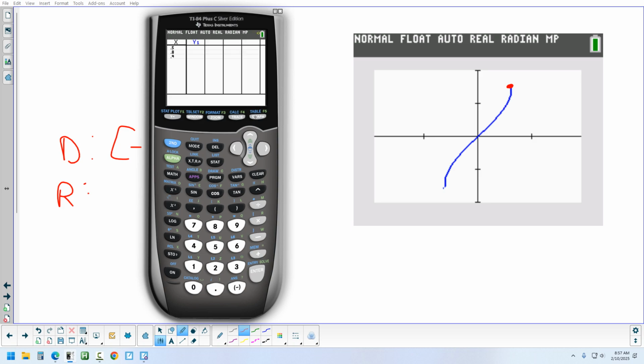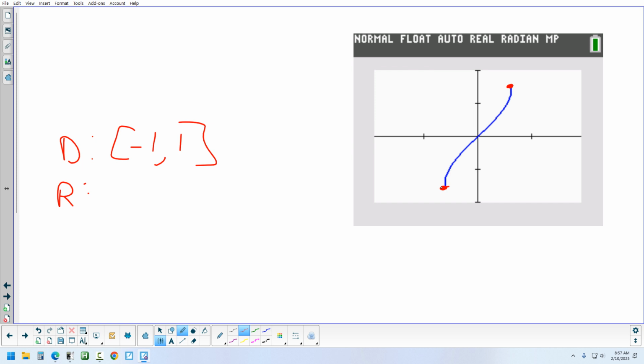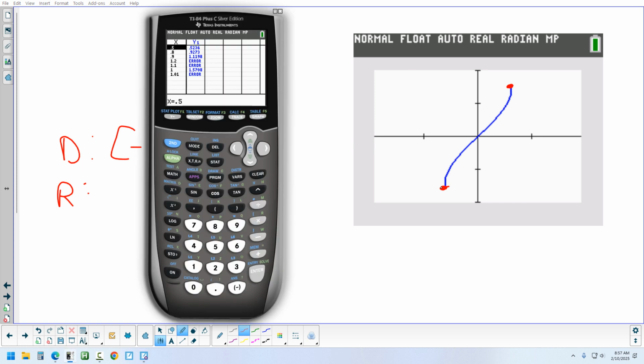Okay. Let's check the left edge and see if we can find how far down it goes. So we know it goes right to 1, and the farthest left it goes is -1. And -1 puts me at -1.57. So we go as high as 1.57 and as low as -1.57.